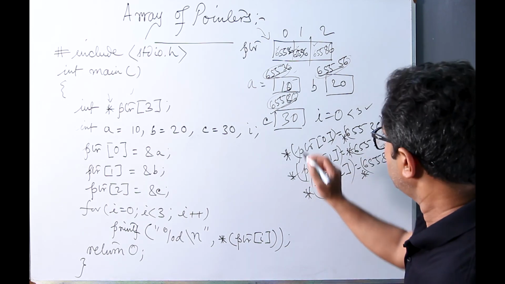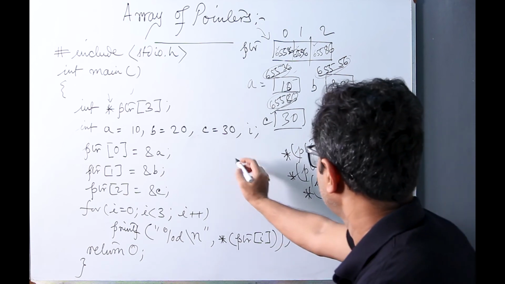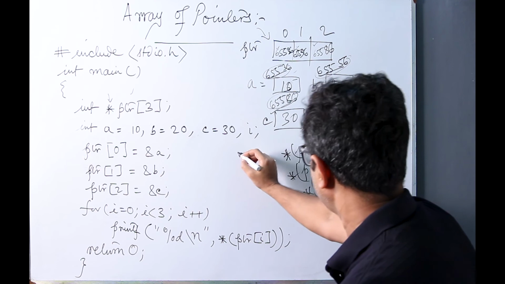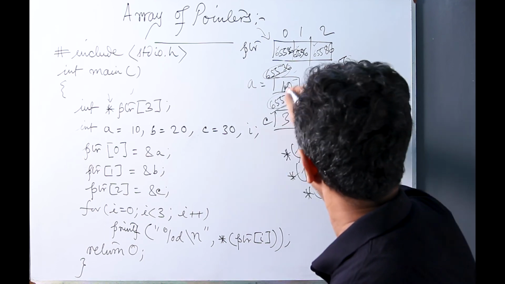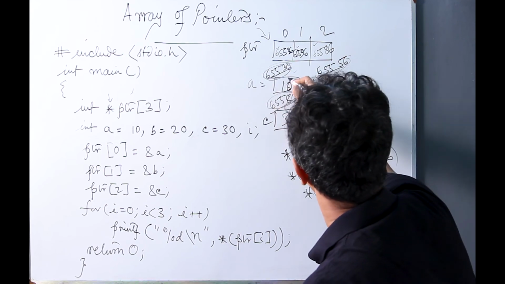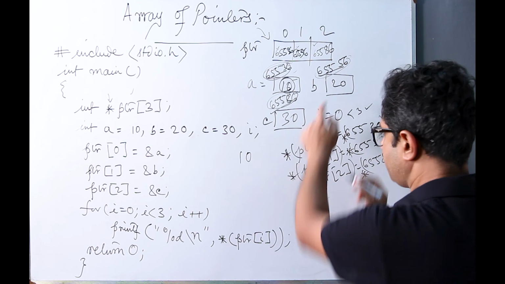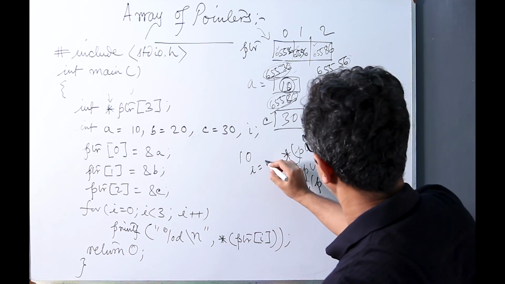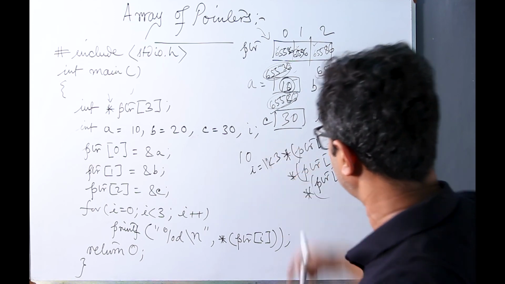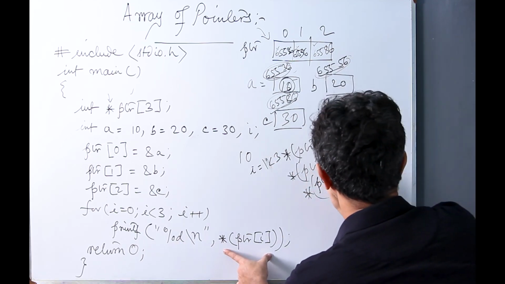So what will be printed in this program? The output will be like this. When I is equal to 0, it will print 10. That is star of 65536, that is 10. After that I becomes 1, which is less than 3, again we come to the loop and print star PTR1.